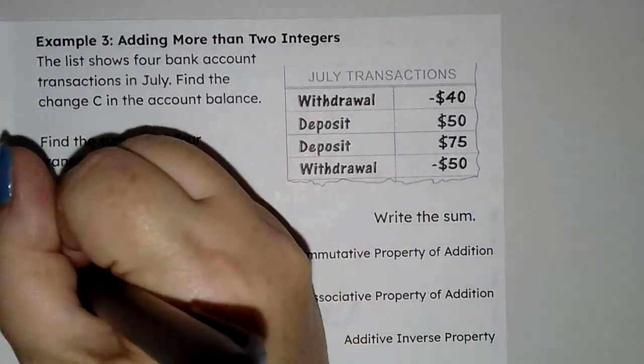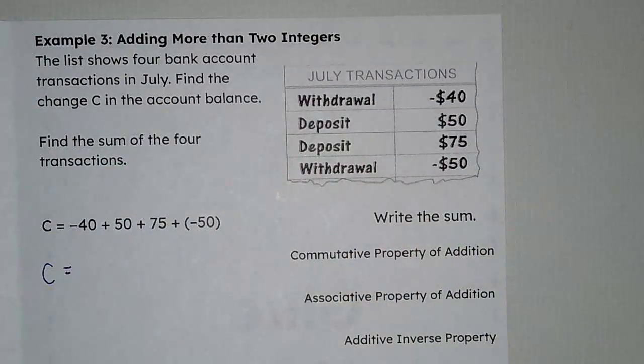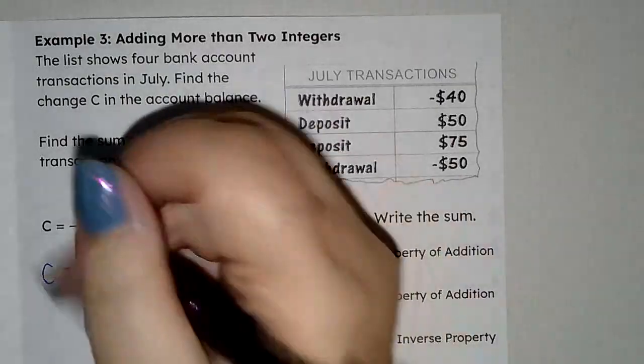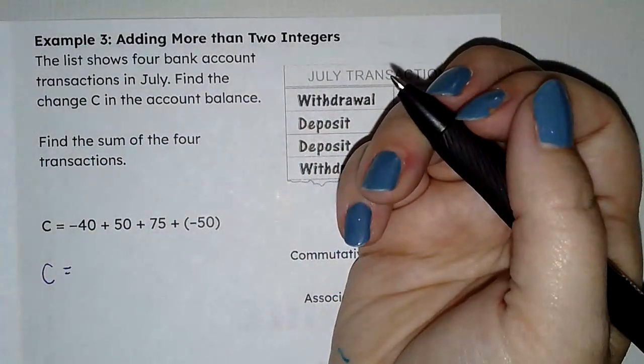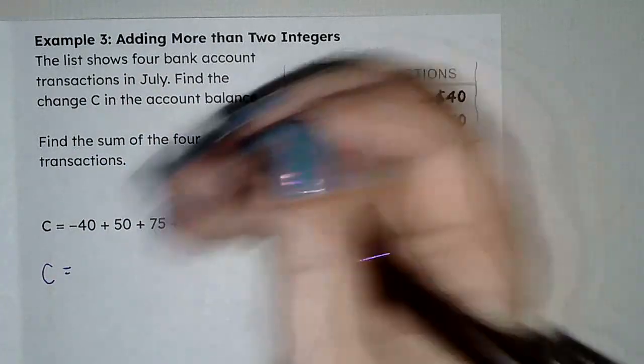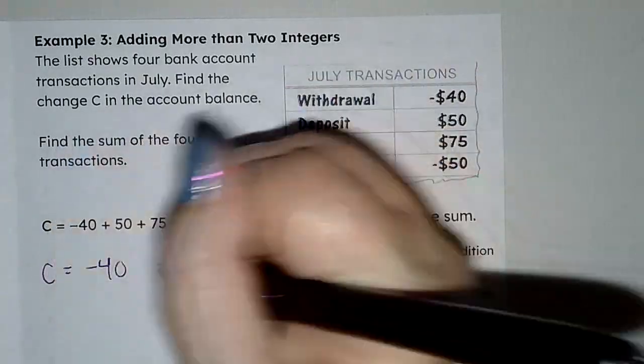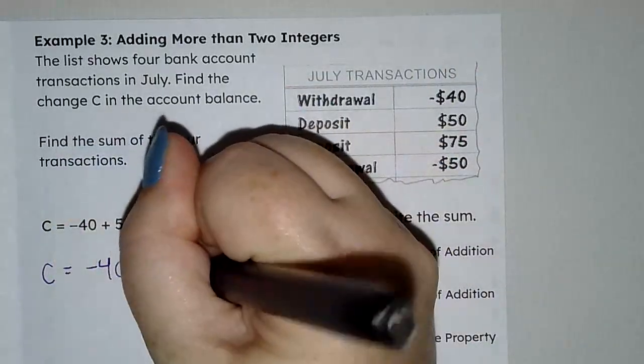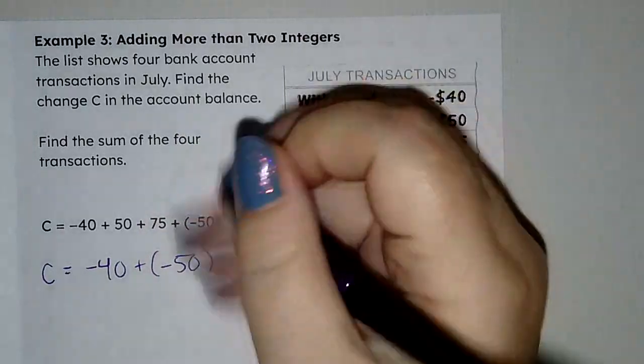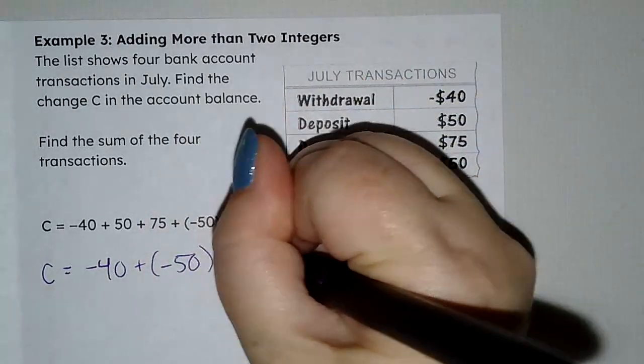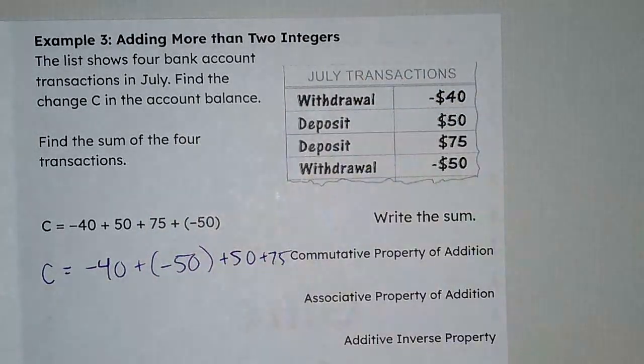So I'm going to change this to C is equal to negative 40 plus negative 50, because I'm adding negative 50, plus positive 50 plus 75.